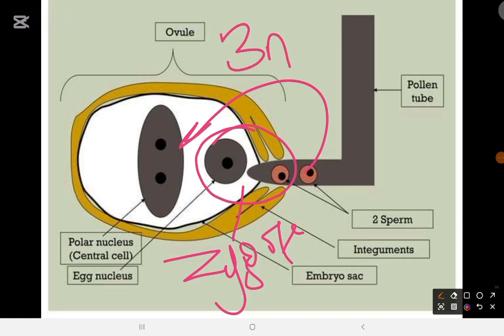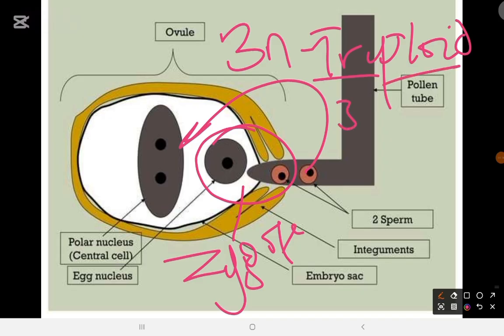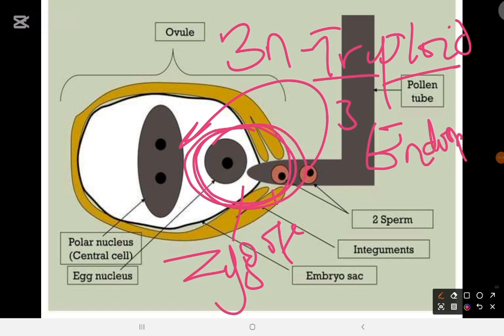That was what I called 3N, which we call triploid. The word tri means three. Ploidy refers to chromosome numbers. When we get to genetics, we are going to explain more about that. But basically, it is triploid, and it is this guy that becomes the endosperm, while this guy is the zygote that becomes the embryo. Is that okay?